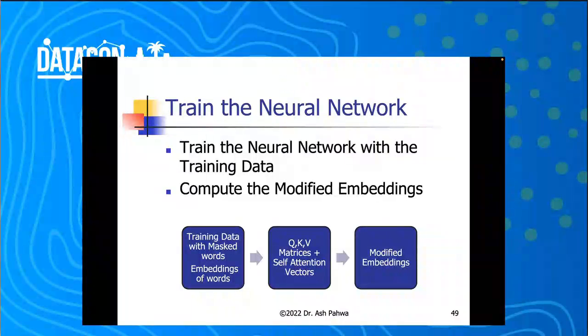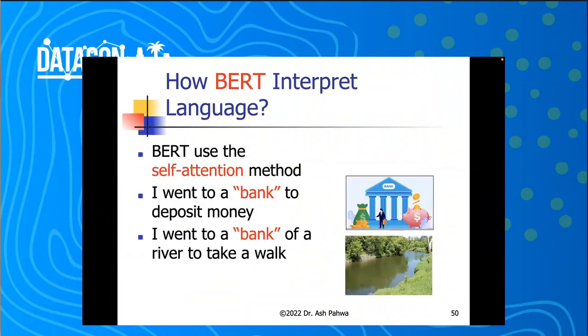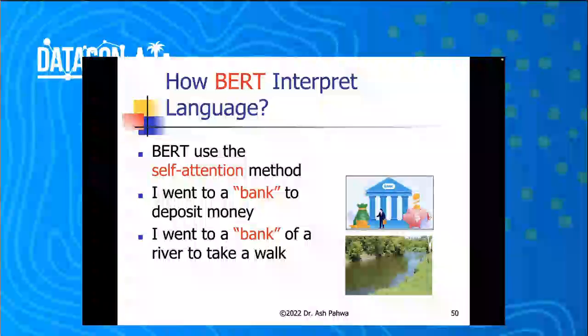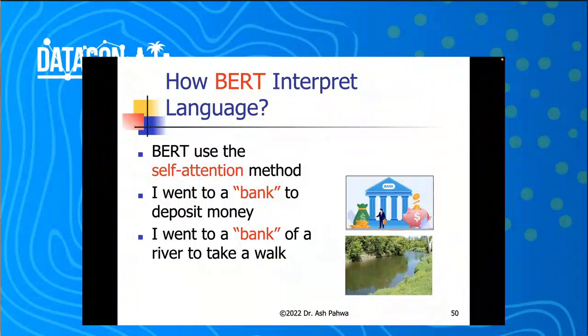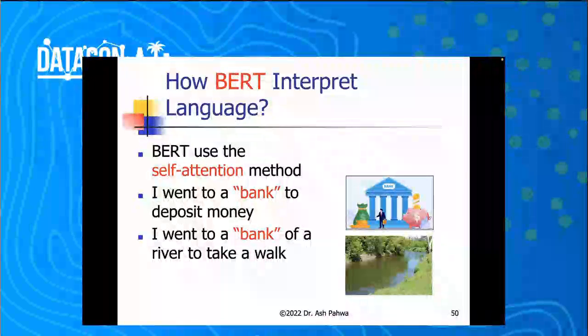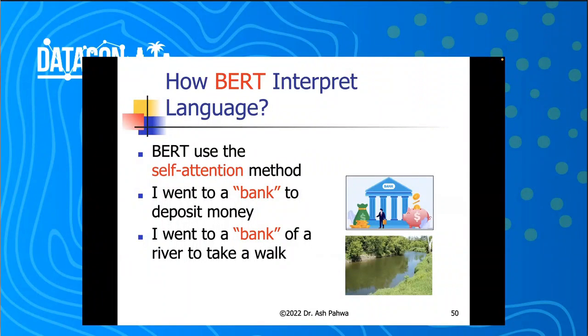This is how the training of the neural network happens: from the training data, we compute Q, K, and V, which get trained, and then we get the modified embeddings. This is the way BERT figures it out, and that is the crux of my talk. So now BERT can understand when I say I went to a bank to deposit money and I went to the bank of a river to take a walk. That is basically transformer embedding.